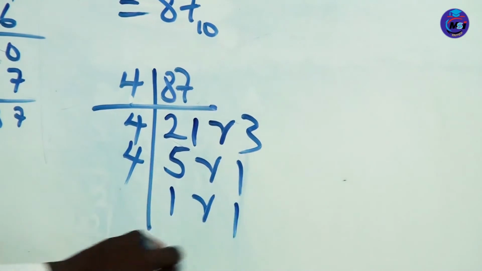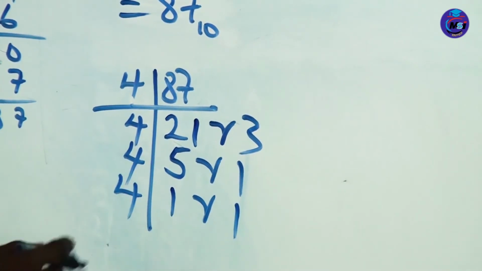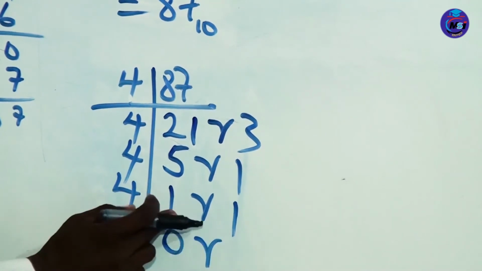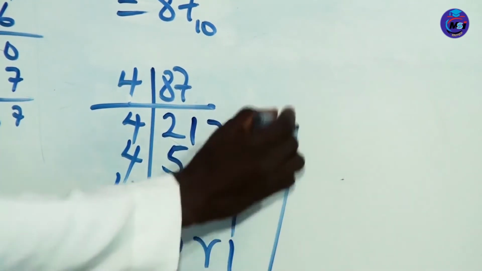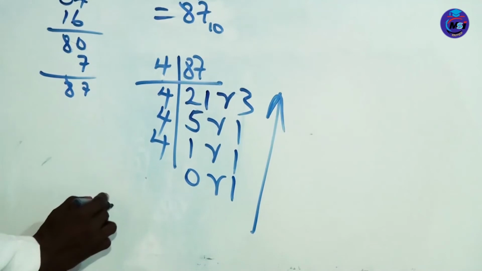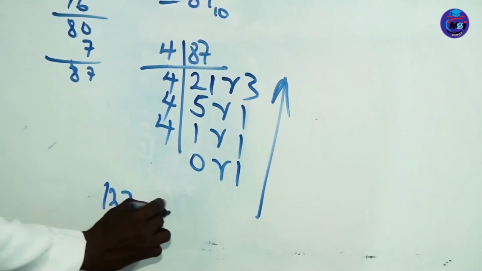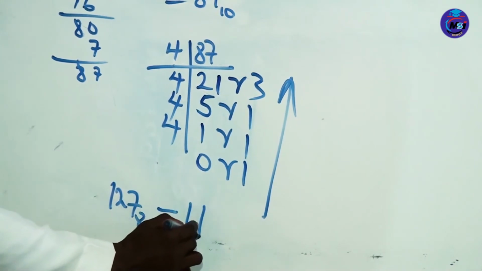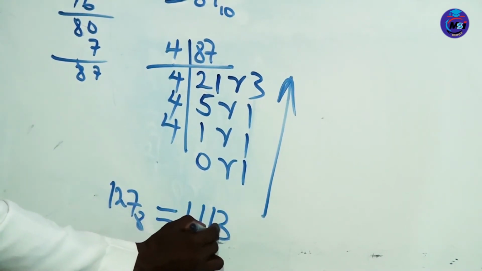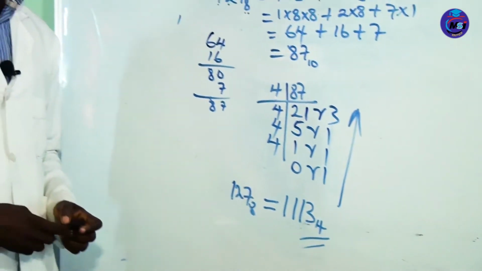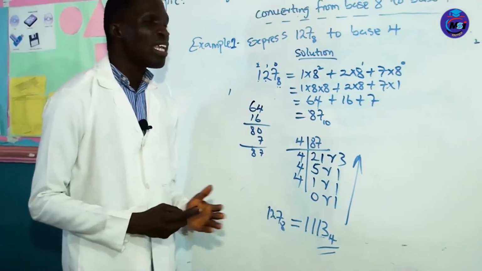Remainder 1. 4 again. How many 4s can we get in 1? Nothing, it is 0. Bring the 1 down. So from the bottom we have 127 base 8 equals 1113 base 4.